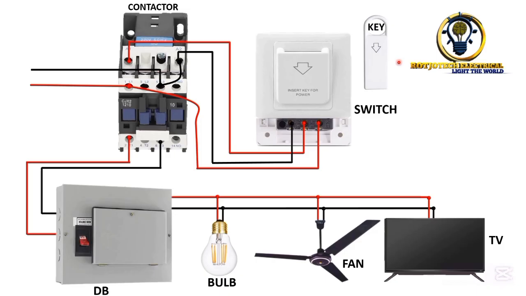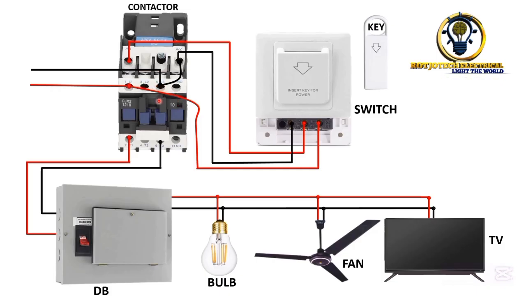So let's see what is going to happen when we insert our card, our key, to the switch. Literally what is going to happen is the load will go straight, we release energy to this A1, and the A1 of the contactor, since the neutral is already there, we energize the contactor, and this normally open will automatically become normally closed.